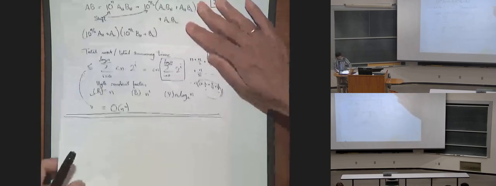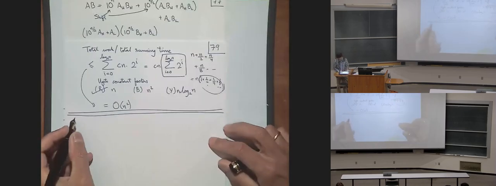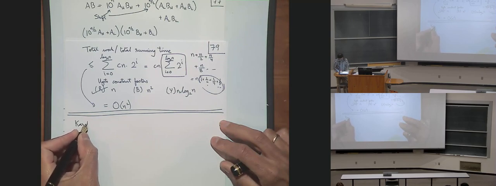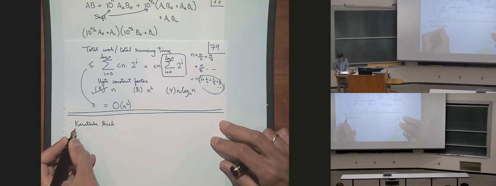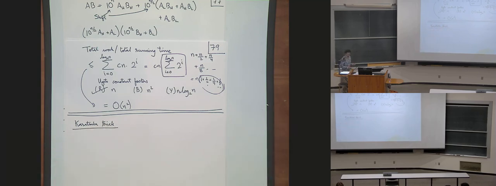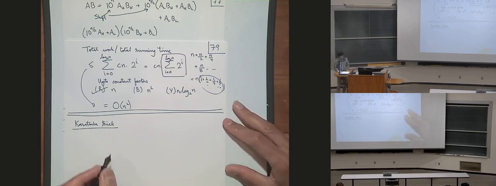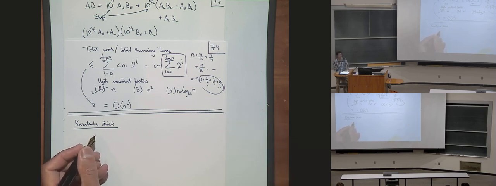So the Karatsuba trick was this sort of remarkable observation that he had. He said, okay, suppose you do the following. Now, this is going to be a very strange multiplication.